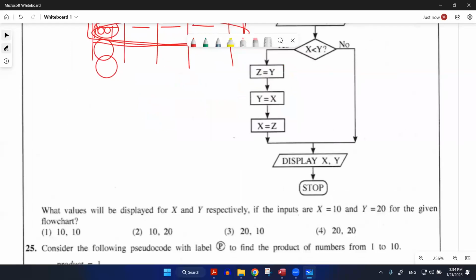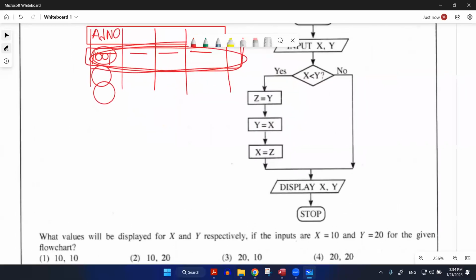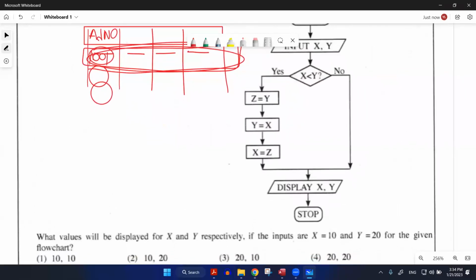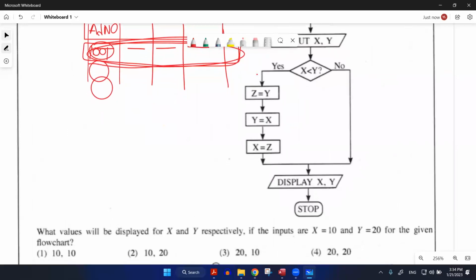The question says: what values will be displayed for x and y respectively if the inputs are x equals 10 and y equals 20?